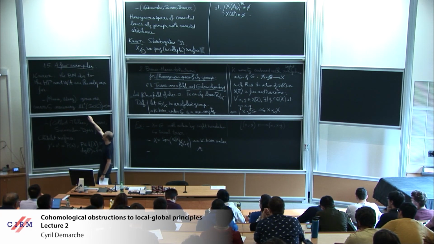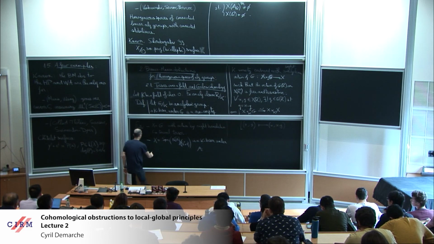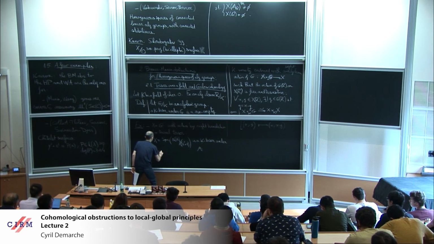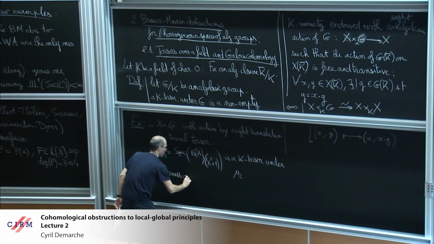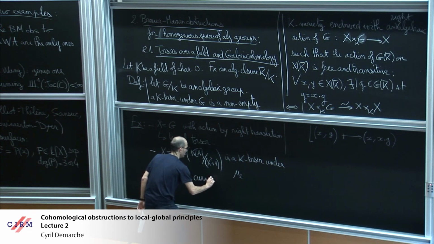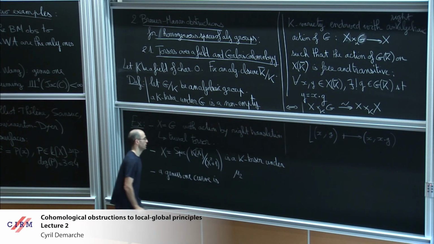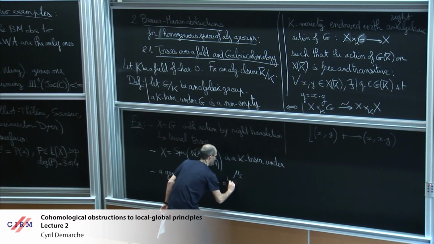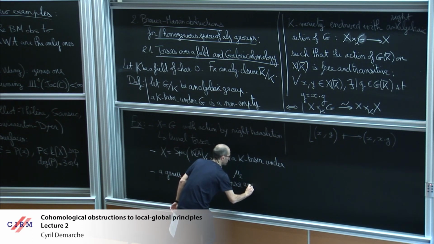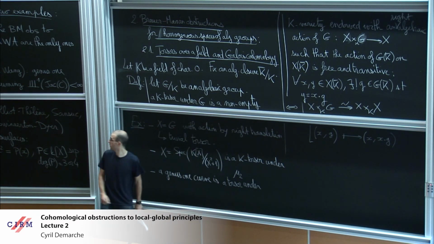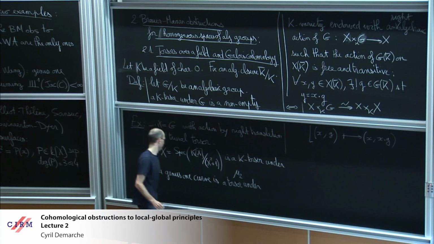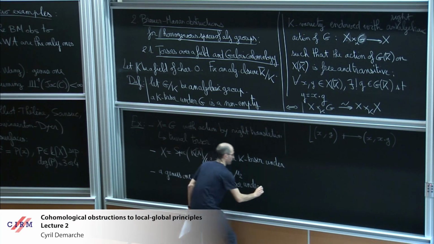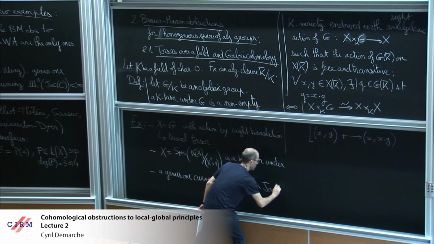Another example: a genus 1 curve is a torsor under its Jacobian variety, which is an elliptic curve.